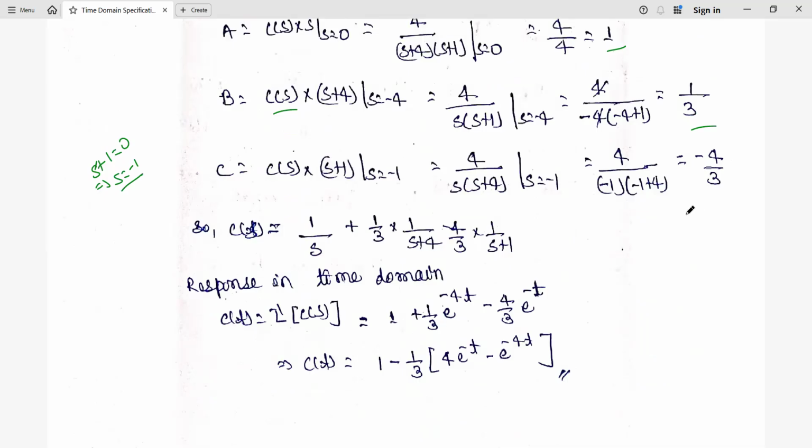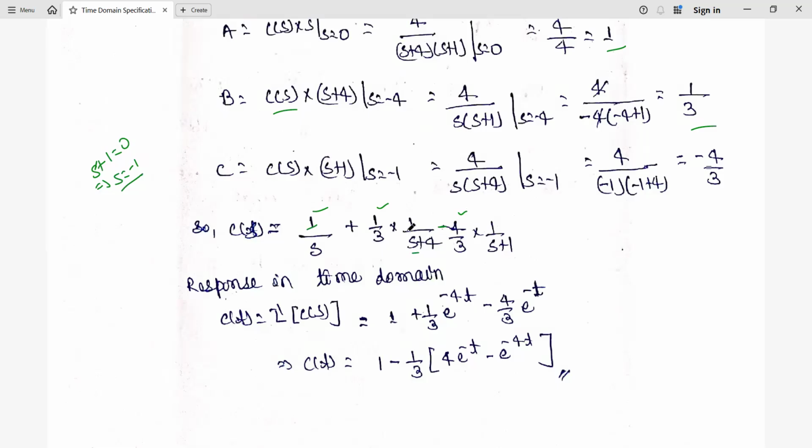Now this is the S domain representation, where we have substituted the values of A, B and C. So we get 1 upon s, plus 1 upon 3 into 1 by s plus 4, plus minus 4 upon 3 into 1 upon s plus 1.